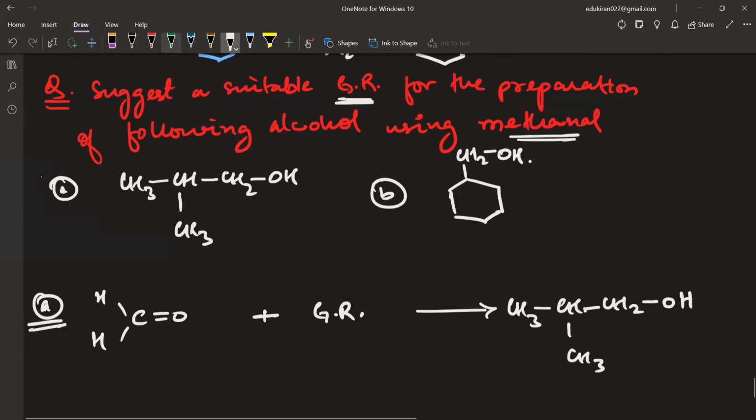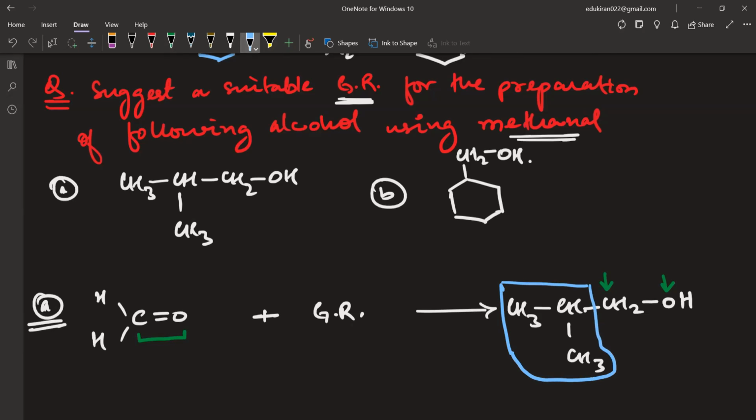Now, as you can see here, the Grignard reagent does not contain any oxygen atoms. That means this carbon and this oxygen should be coming from my methanol. Whatever else is there is coming from the Grignard reagent.